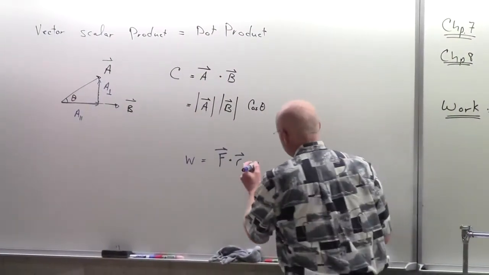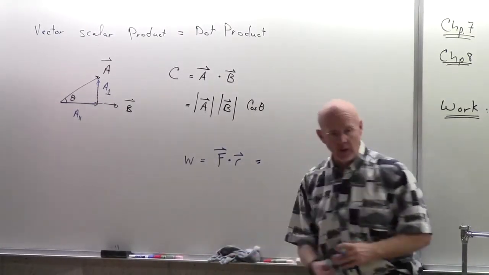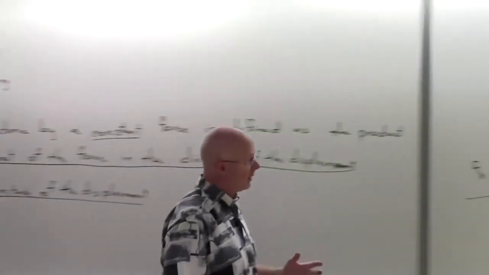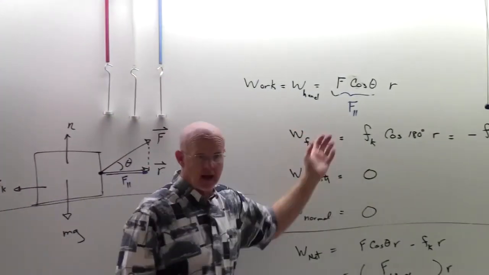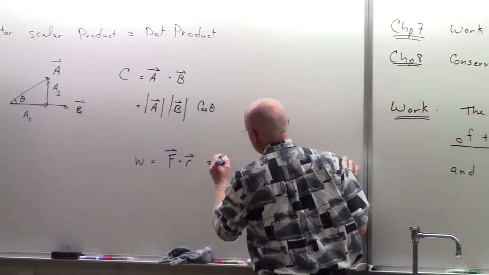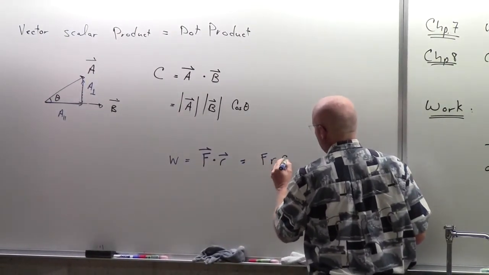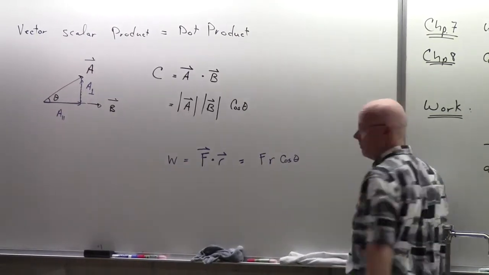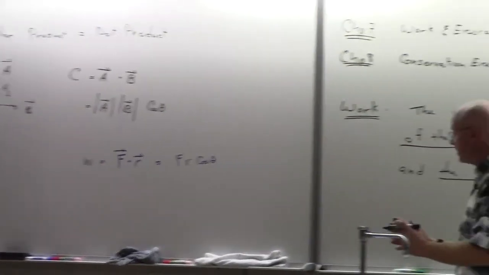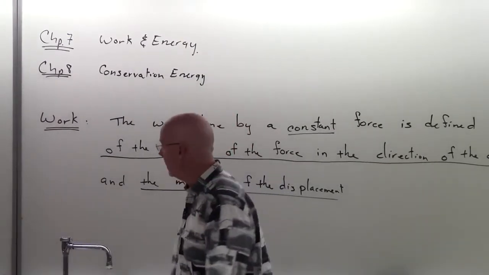Although I wouldn't say there's much change between writing it this way, because what that really means is the same as that. In fact, as you'll see when I start to do problems, probably the first thing I will do is write the F, the R, and the cosine of the angle between them. And just say, okay, well that is what we mean when we write out a dot product anyways.